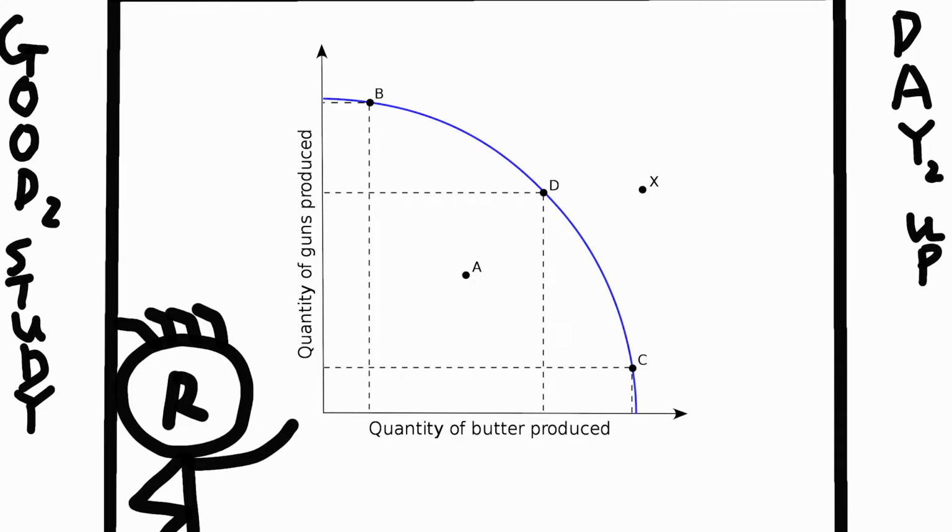The dot A represents a combination that is possible but not efficient, because it is inside the curve. What's inside the curve and on the curve is possible, but outside the curve, X, is impossible. Inside the curve is possible but not the most efficient. On the curve is the most efficient. Outside the curve is not possible.